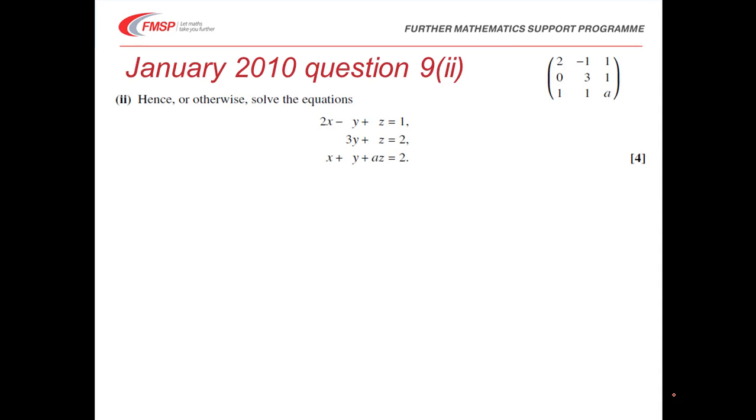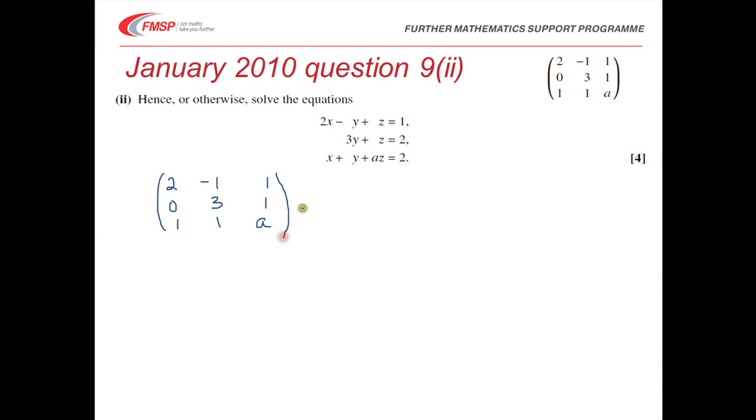So we now look at part 2, and it said hence or otherwise solve these equations. And as I say, we're going to use hence. We're going to use the fact that we have the inverse of the matrix. So if you look at those, as I said before, we can write those simultaneous equations in the form of 2, minus 1, 1; 0, 3, 1; 1, 1, a.